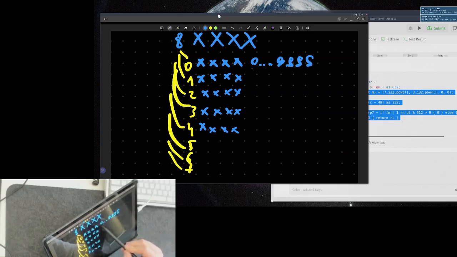Okay, and this is 1. It is from 1 and 4 zeros up to 1, 9 and 4 nines. So these are subtrees.